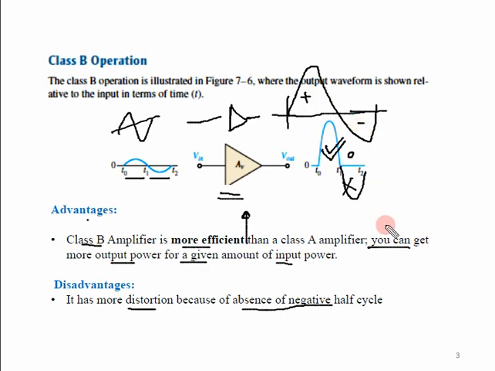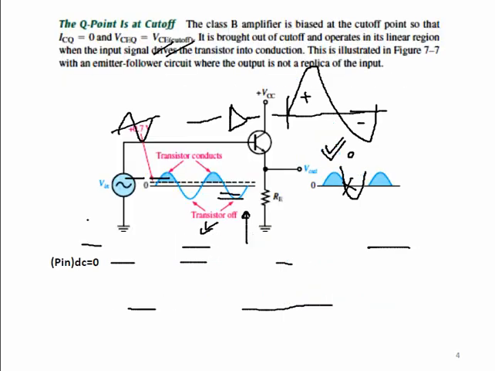But still in certain applications, if your main concern is efficiency, or you want to deliver more power to the load, your ultimate choice will be the class B amplifier. Now next slide please.